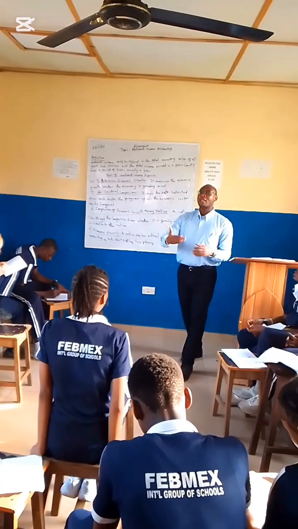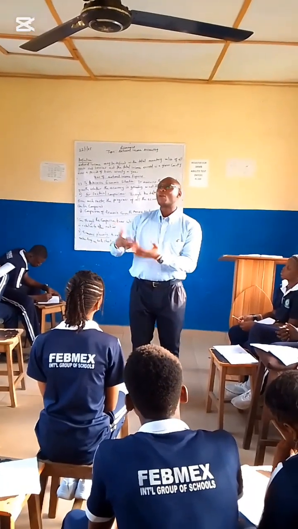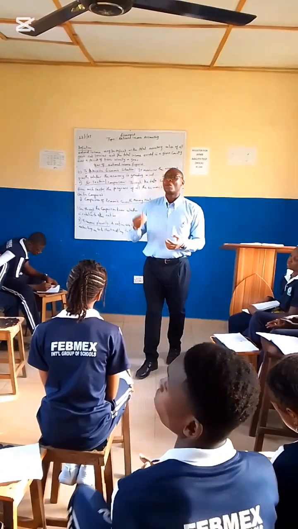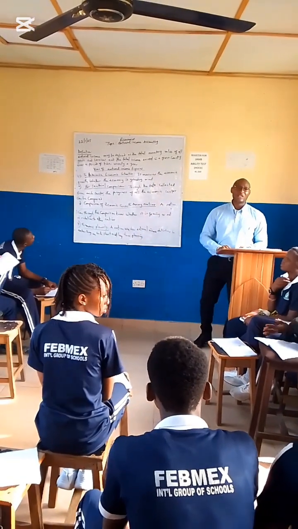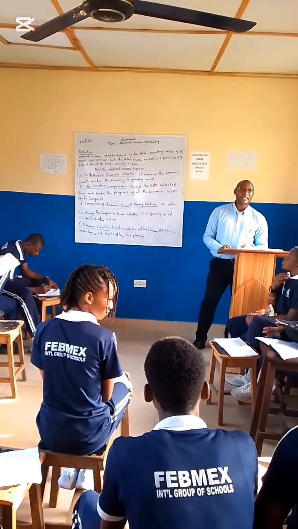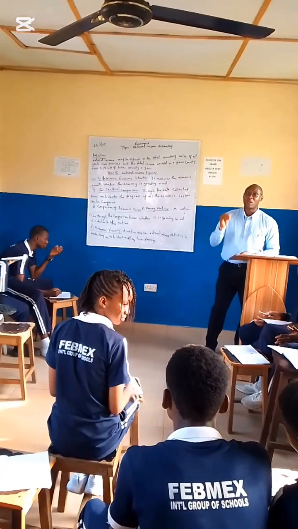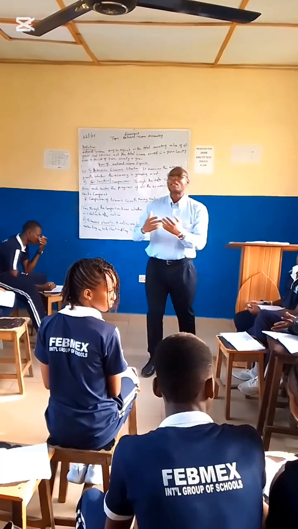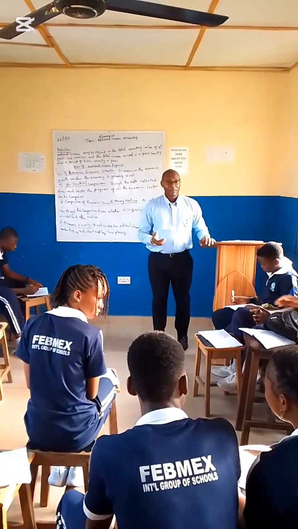Now, what are the uses of national income? Why do we carry out national income accounting? Number one, to determine the economic situation. National income is used to determine the economic situation of the country, to know whether the country is growing or not in terms of economy.